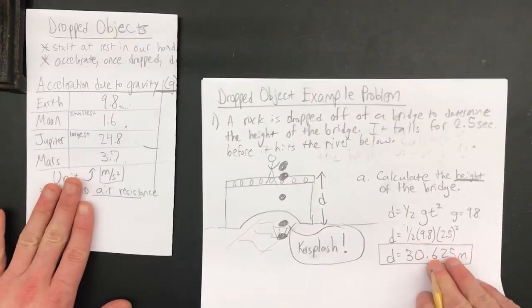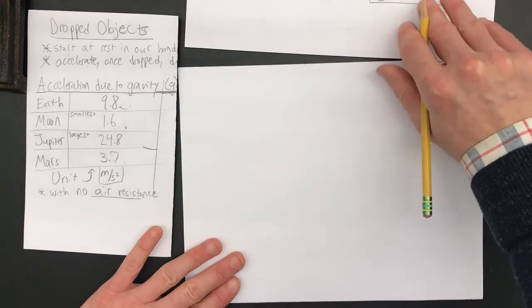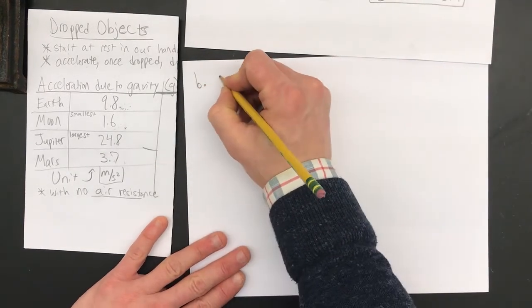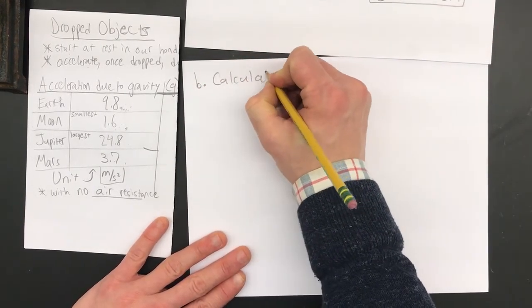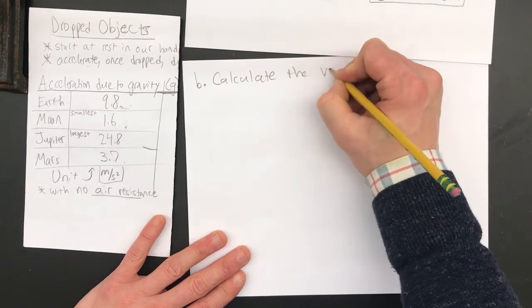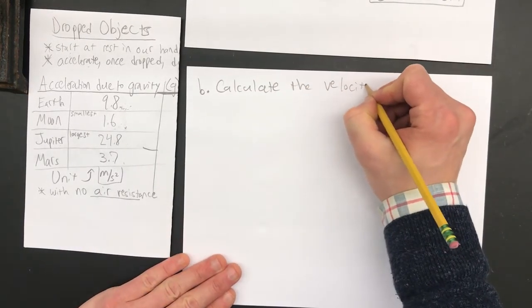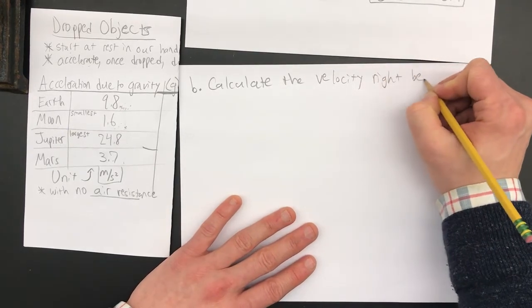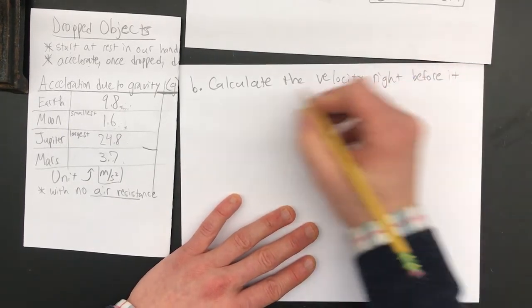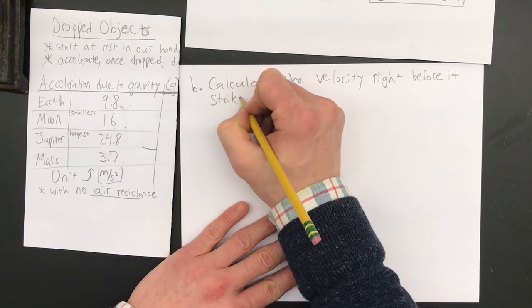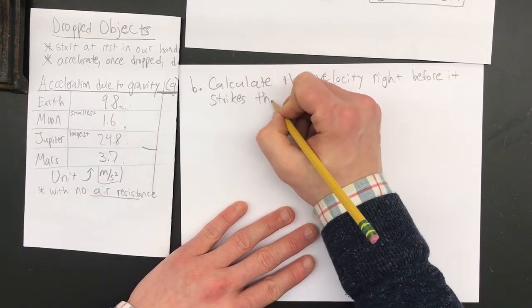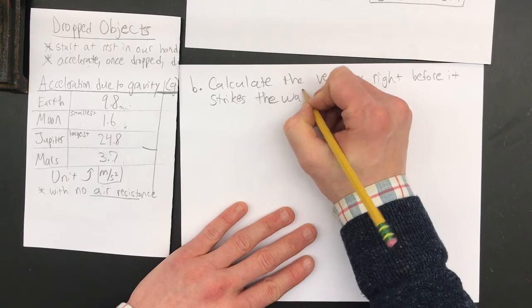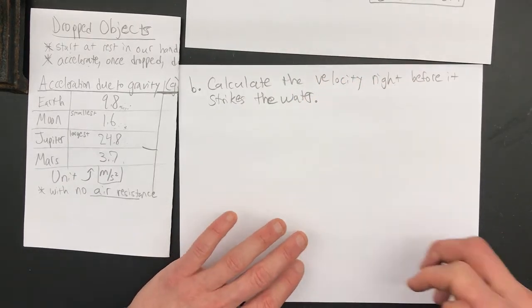Now I want to do a letter B too, okay? So letter B is calculate, copy this down, the velocity, so how fast is the rock moving right before it strikes the water.